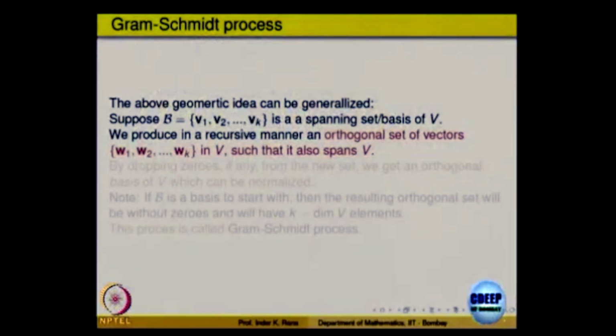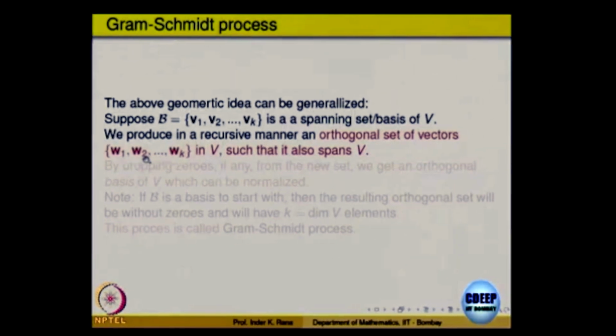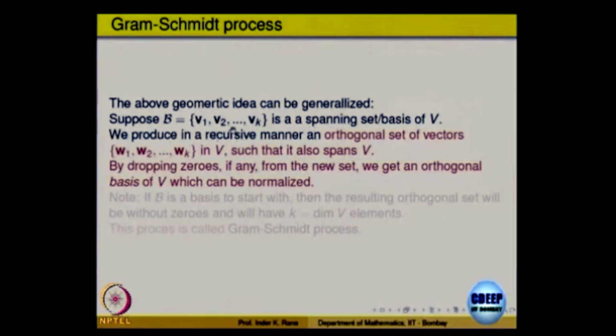What we want is a process by which I can construct W1, W2, ..., Wk, which is orthonormal and spans the same space as this one. First of all, you can drop zeros, if any, from the original set. If it is a basis, nothing will be 0. If it is a spanning set, there may be some zeros, so drop them; they are not going to be useful.